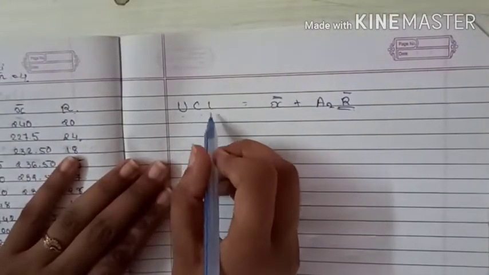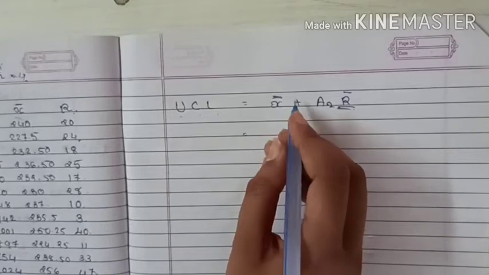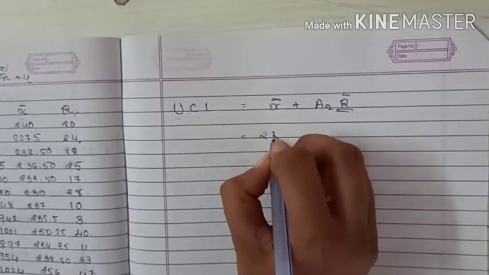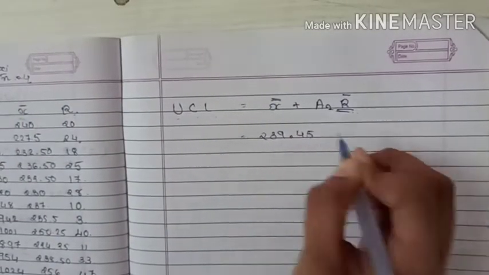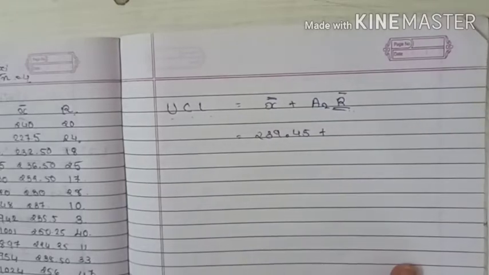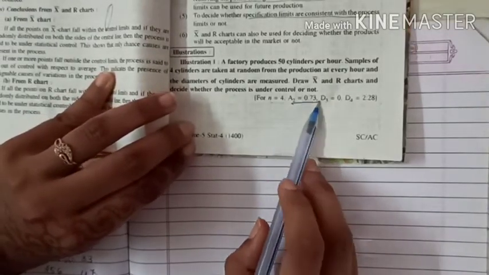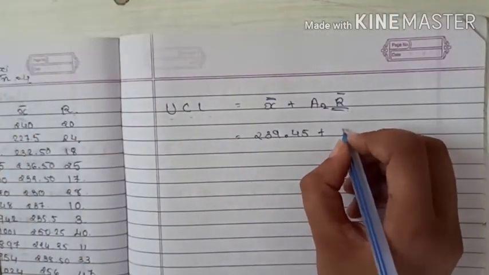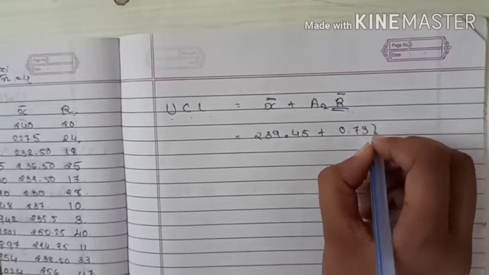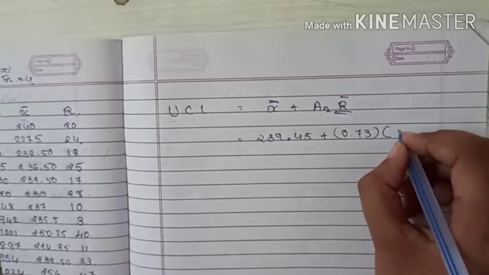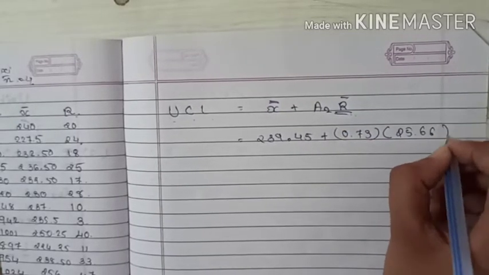Let's put in the upper control limit: X double bar, that means 239.45 plus A2. The value of A2 is already given here, 0.73. 0.73 into R bar 25.66.